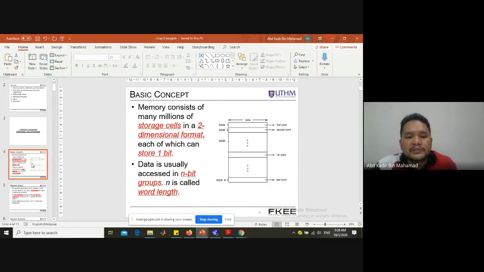So basic concept for memory: if you notice here, they have n bits. So it can be 8-bit, 16-bit, 32-bit, and the organization's address 1, 2, 3 until address n-1, for the first word, second word, and until the last word. This is how the management of memory works, and we already discussed it in the memory chapter last time.